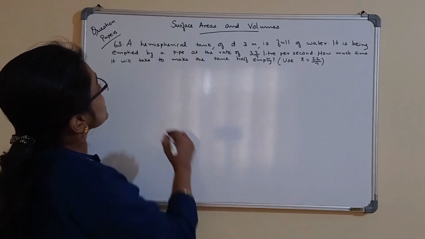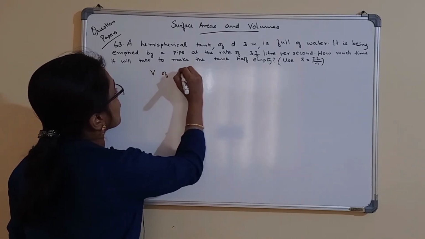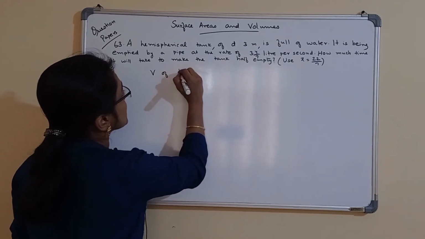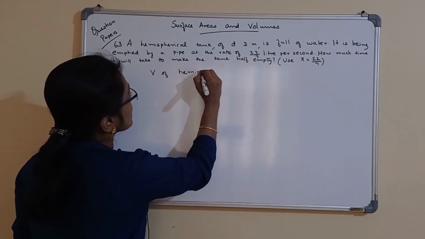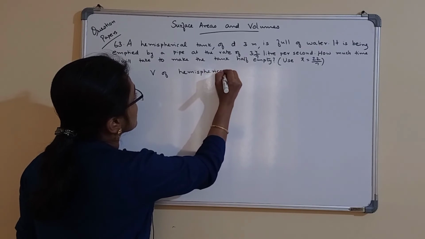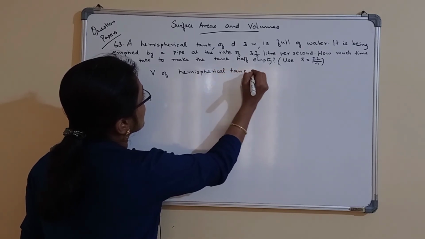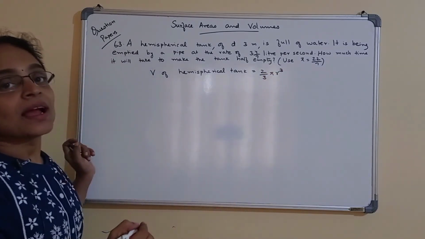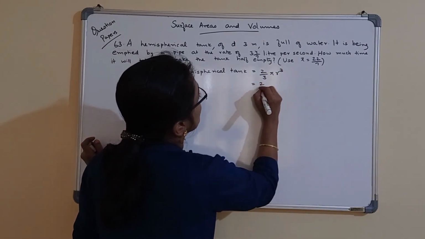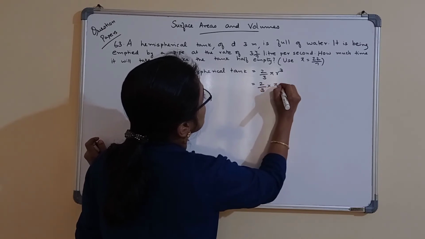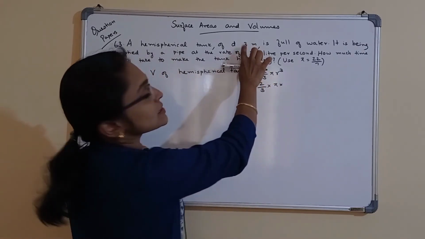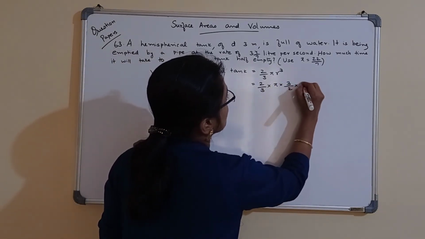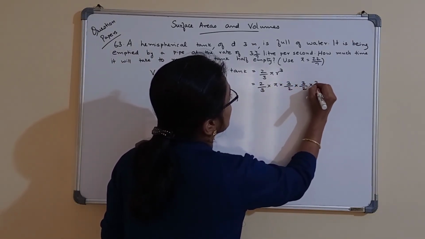So, what is the volume of this tank? Volume of hemispherical tank is equal to 2/3 pi r cube. And that is equal to 2/3 into pi into r cube. That is, r is 3/2, so we can take it as 3/2 into 3/2 into 3/2.